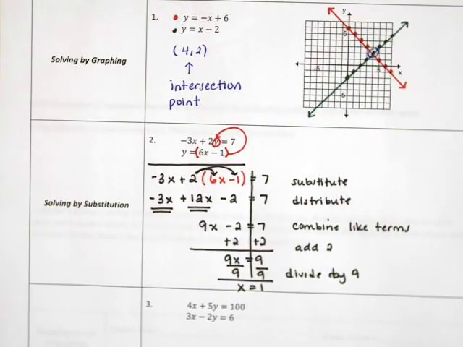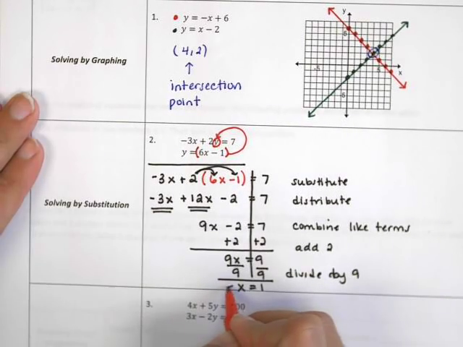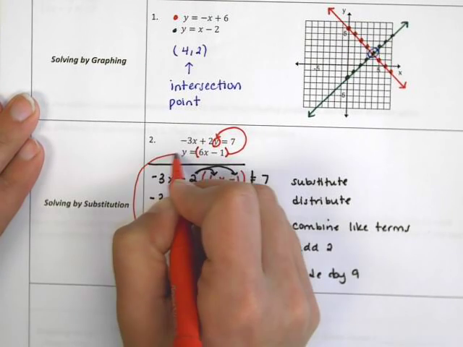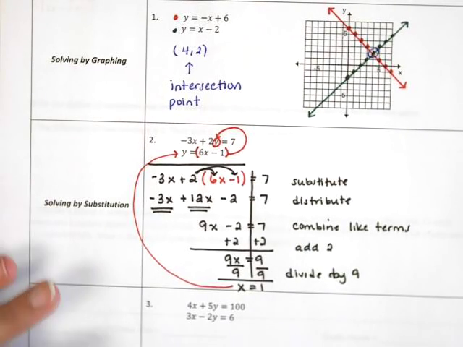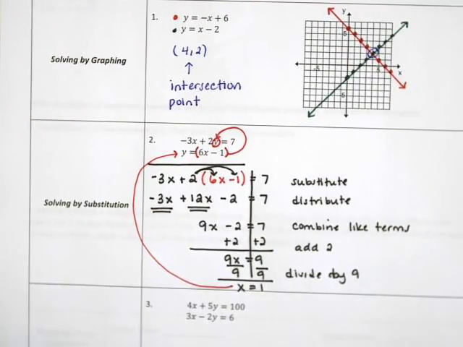Once I know my x, my next step is to figure out my y. So I'm going to take this x and plug it back into the original equation. It doesn't matter which equation I use, it just matters that I plug it into one of the originals. I'm going to plug it into the second equation because the y is already by itself.